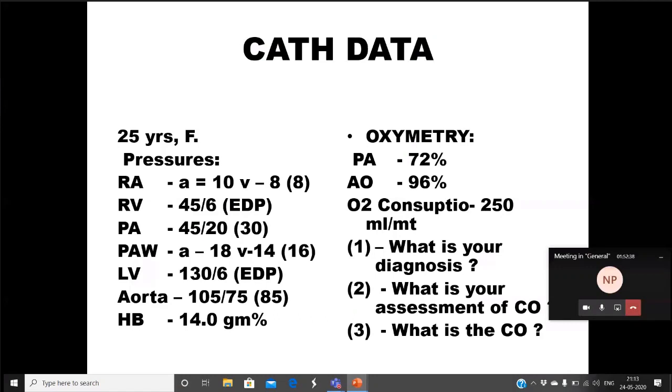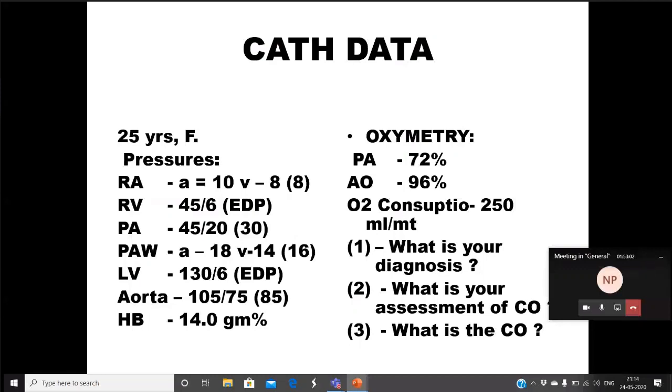If you are given the option to look at only one oximetry data, then you should ask for pulmonary artery oxygen saturation. If it lies between 70 to 75, you can take it for granted that most likely the cardiac output is normal. The oxygen saturation difference between the aorta and the pulmonary artery in a normal person will be around 25.